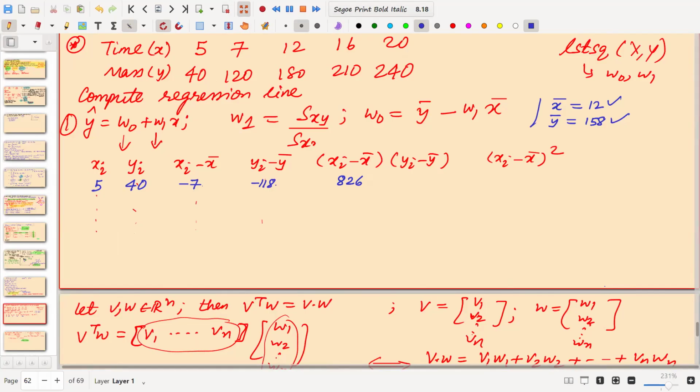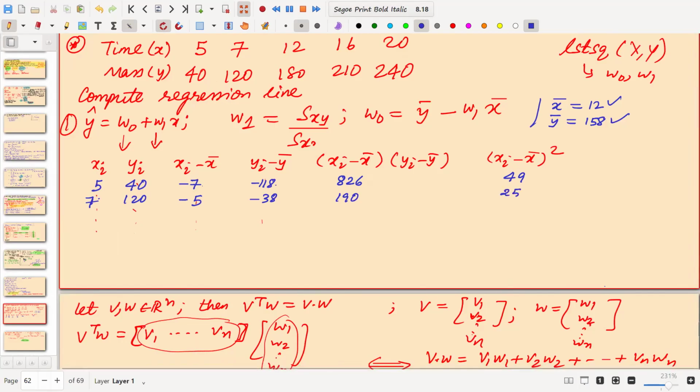Xi minus x bar squared, -7 squared, is 49. Next data point, 7 and 120, then -5 and -38. Then the next data point, 12, 180, 0.